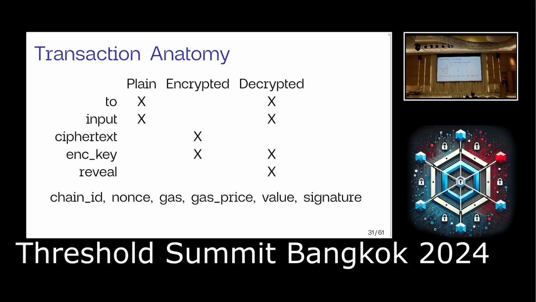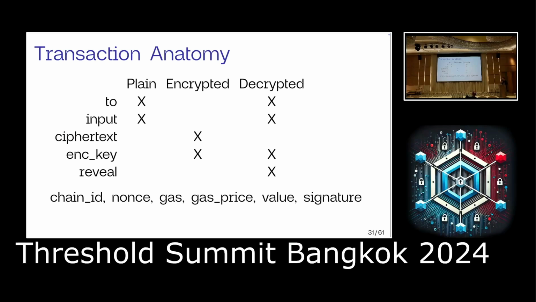Now, to go into how we implemented that a bit, the anatomy of a transaction: first off, a simple transaction has all the fields on the bottom, and the to field, which is the destination address of the transaction, and the input field, which is the arbitrary call data that can be attached to a transaction.